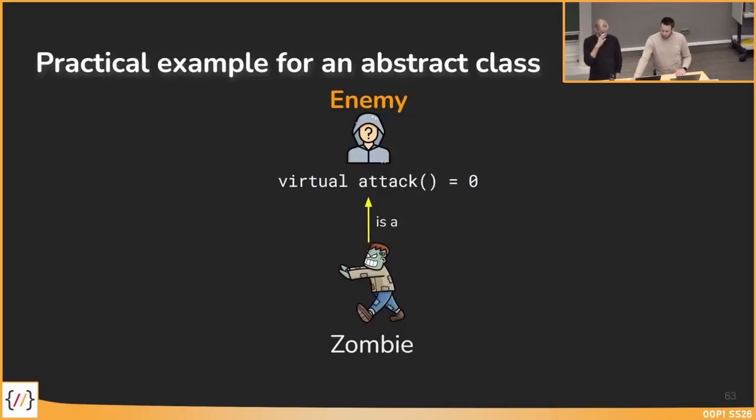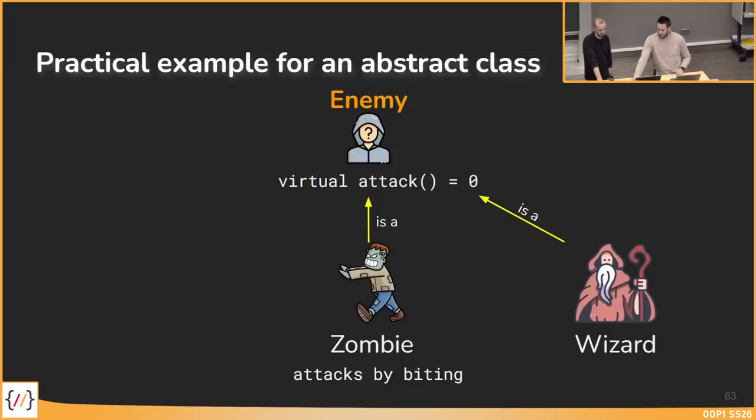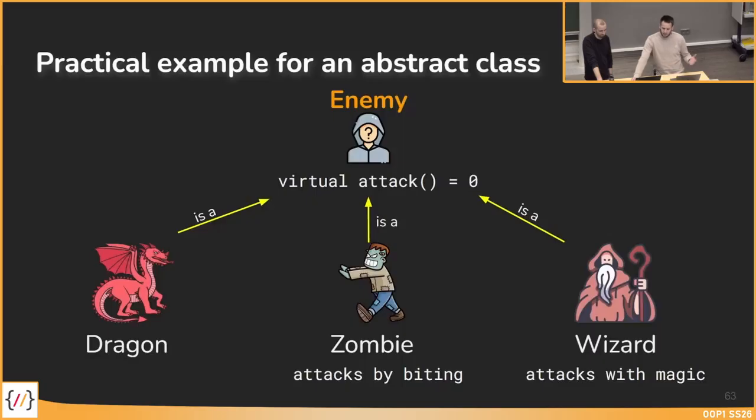So for example, we derive zombie from enemy, so we now have a specific type of enemy, a derived class zombie, and we have to implement attack. In this case, this enemy attacks by biting. Another one could be a wizard, and this wizard attacks with some magic. And another one, a dragon, for example, attacks with fire.